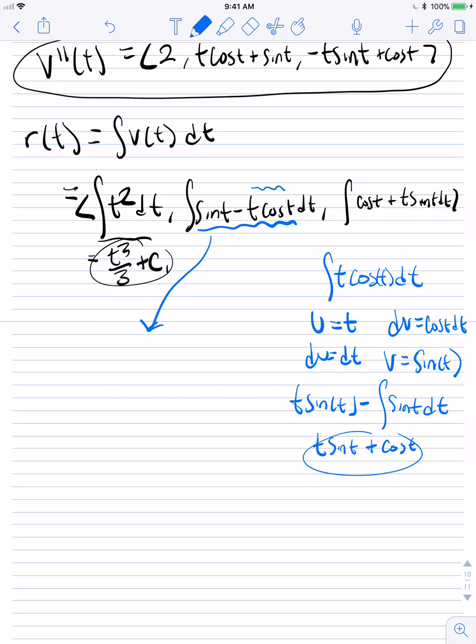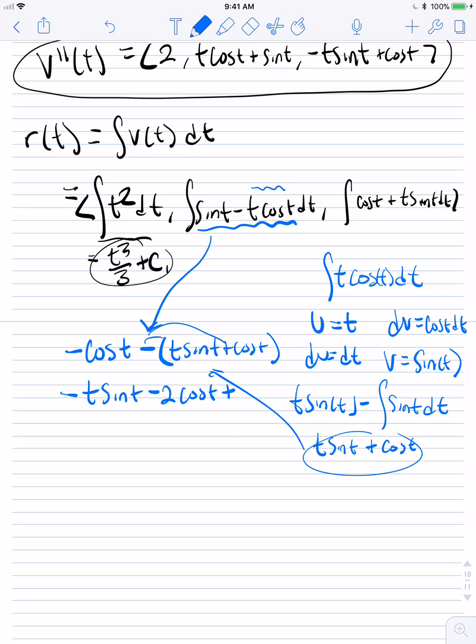Integral of sine would be negative cosine t, and then this negative sign will change our answer here. We just solved for that, plus cosine t. So simplifying this, distributing this negative, we have two negative cosine t's. So we have negative t sine t minus 2 cosine t, plus some constant c2. So that solves the second part.